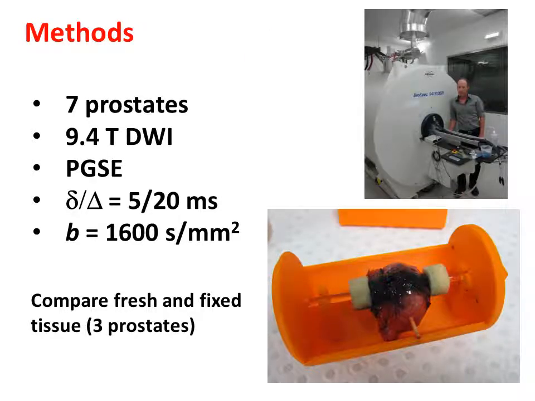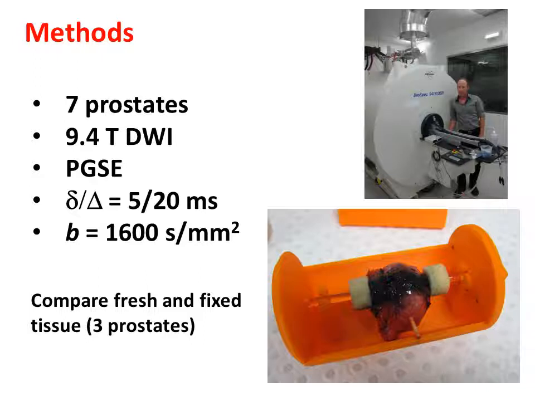So the way we do this experiment is to get prostates immediately after surgery. We looked at 3 of these fresh, and then later on after fixation we imaged them in a 9.4T Bruker scanner, using a PGSE method, diffusion time about 18 milliseconds, and for this particular DTI measurement a b value of 1600 seconds per millimeter squared.